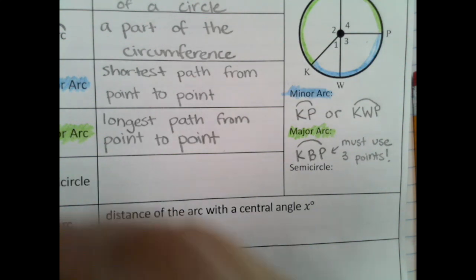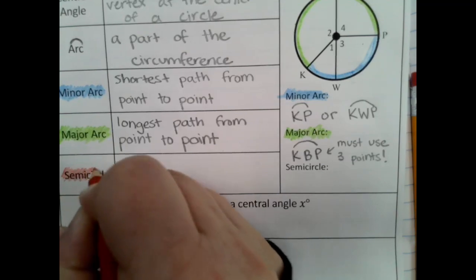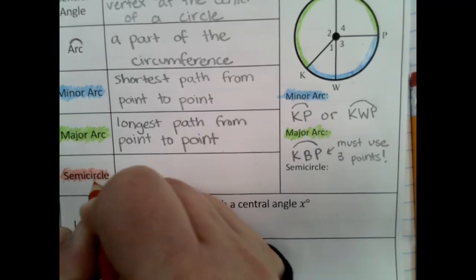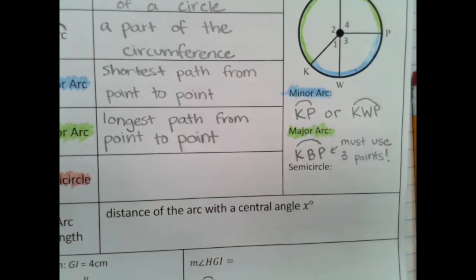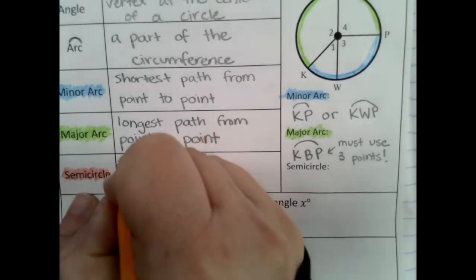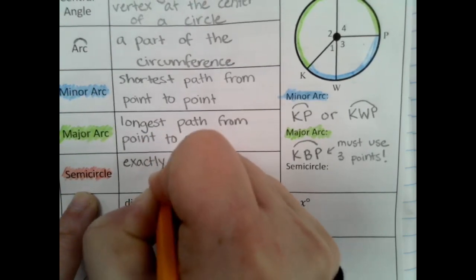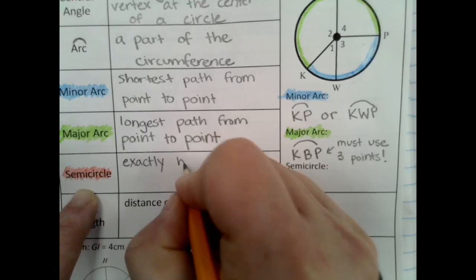All right, next we got semicircle. What is a semicircle? What does that prefix semi mean? Half. Good. So semicircle is half of a circle. So semicircle is exactly halfway around the circle.